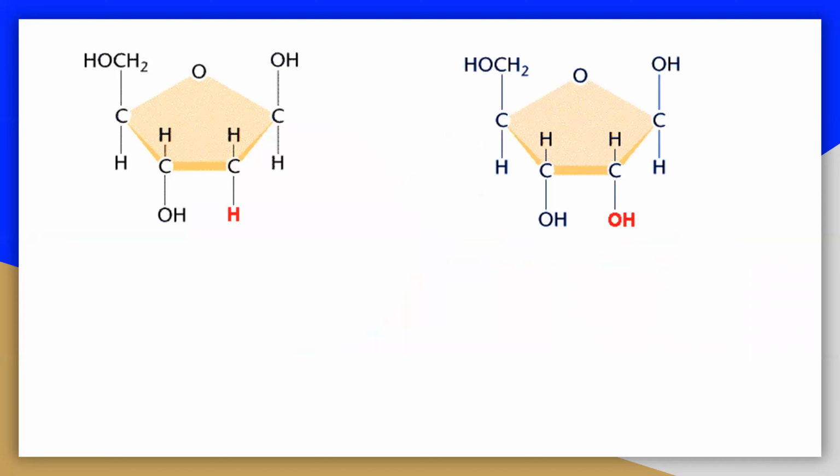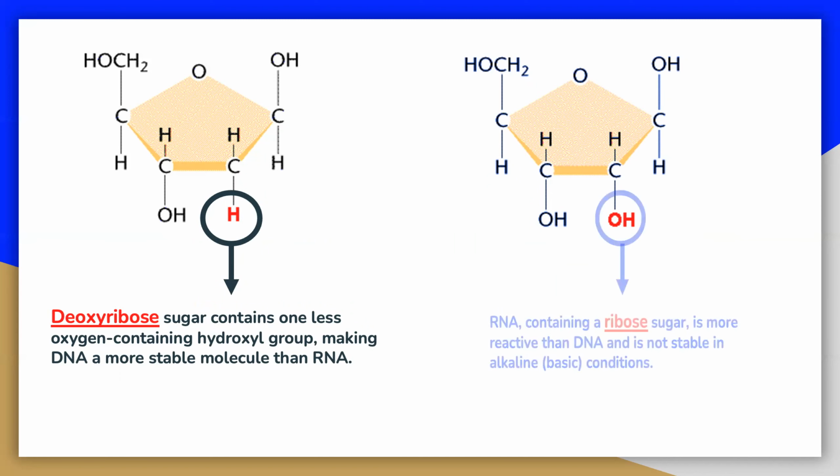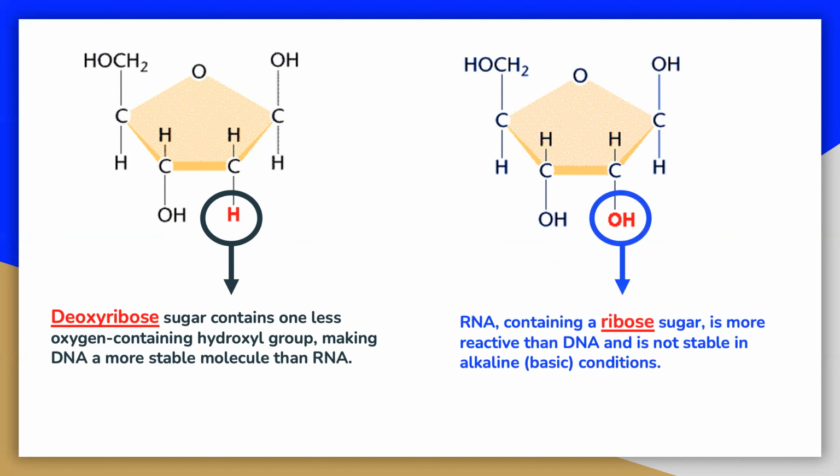Due to its deoxyribose sugar, which contains one less oxygen-containing hydroxyl group, DNA is a more stable molecule than RNA, which is useful for a molecule which has the task of keeping genetic information safe. RNA containing a ribose sugar is more reactive than DNA and is not stable in alkaline conditions.